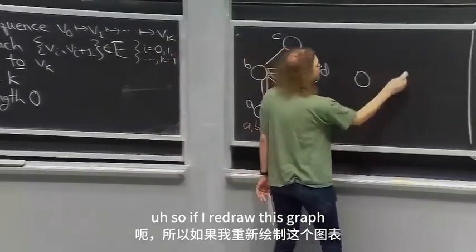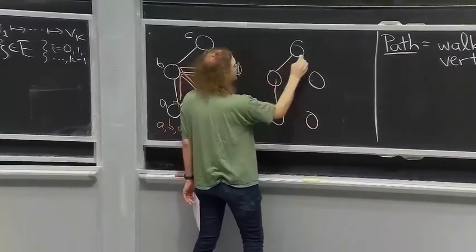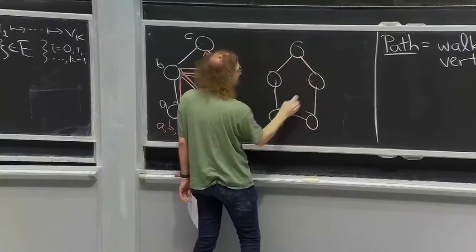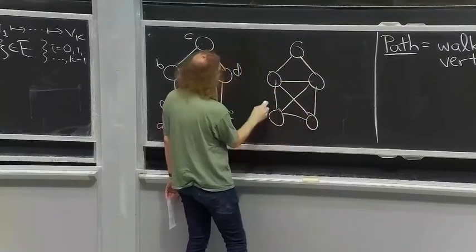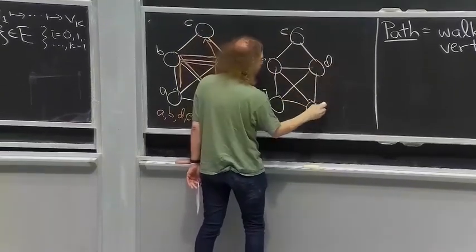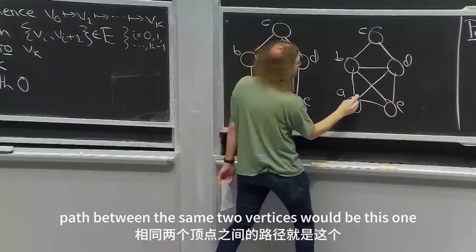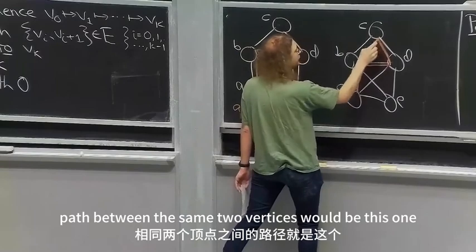So if I redraw this graph, an example of a path between the same two vertices would be this one.